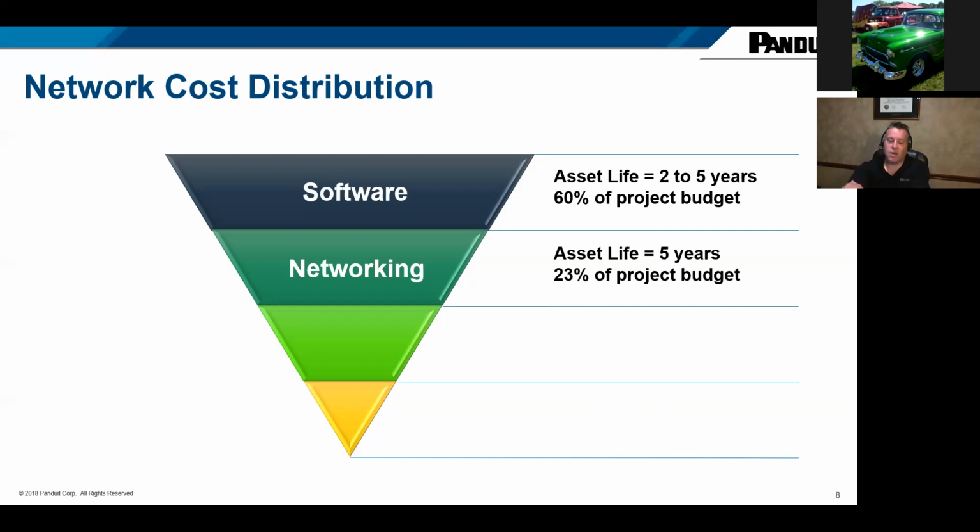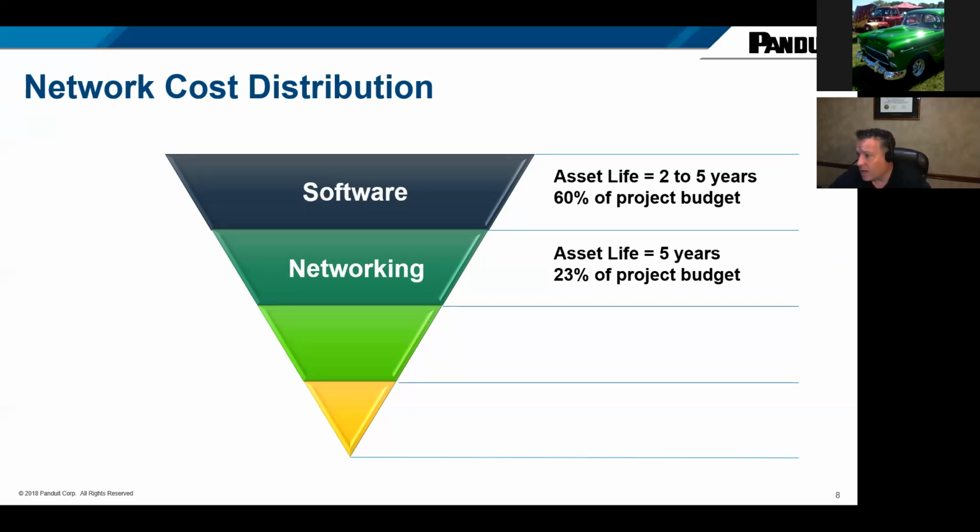Networking equipment, and this data came from more of the enterprise data center world. In the industrial world, we don't refresh our networking equipment as often as they do in the IT space, where they have a lot of service contracts and may be replacing servers every 3 to 4 years.